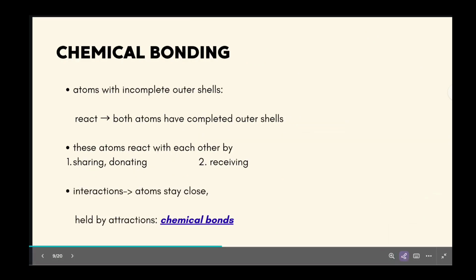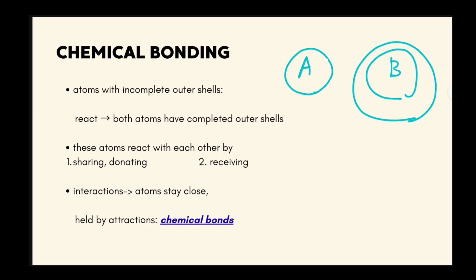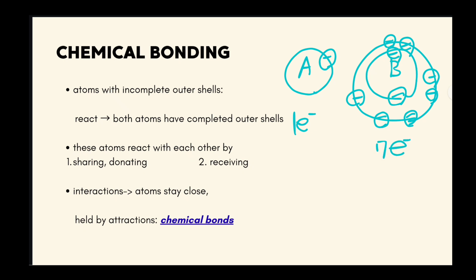Chemical bonding. Atoms with incomplete outer shells react so that both atoms have completed outer shells. Let's say there's an A atom and there's a B atom. A has only one electron in its outer shell, and B has 7.